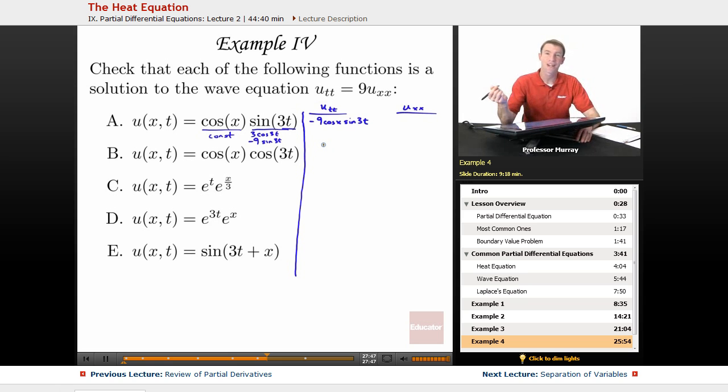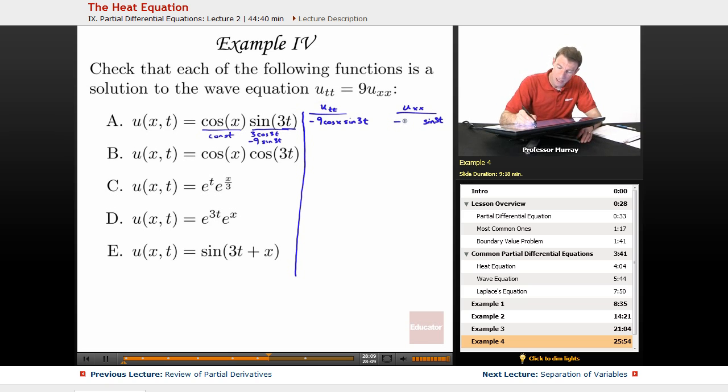Now, u_xx works just the other way around. Now we think of sine of 3t as a constant, so it's just going to come down, but for cosine x, we need to take the second derivative. Well, the first derivative of cosine x is negative sine x. The second derivative of cosine x is negative cosine x.